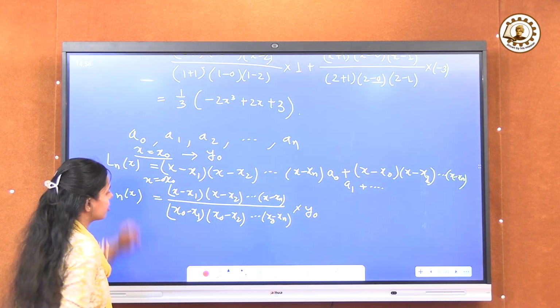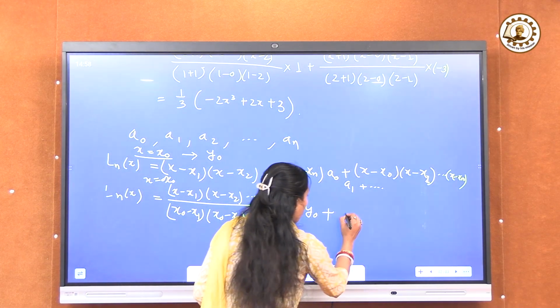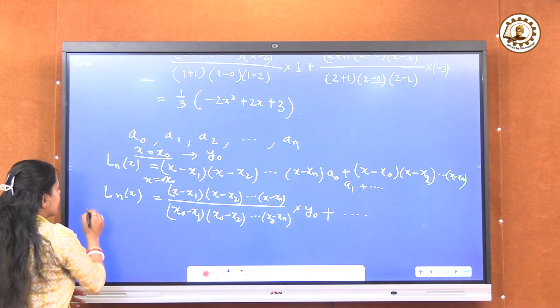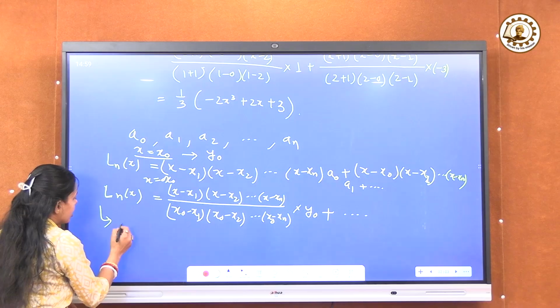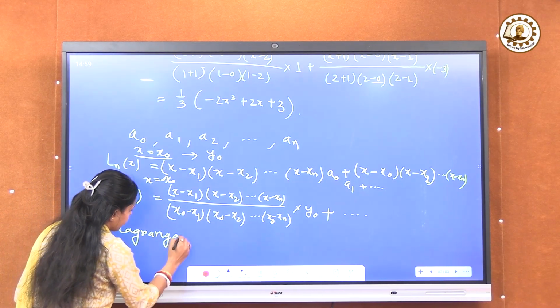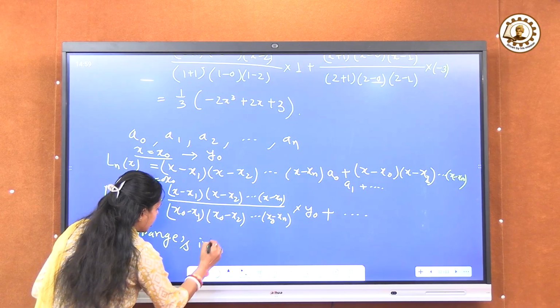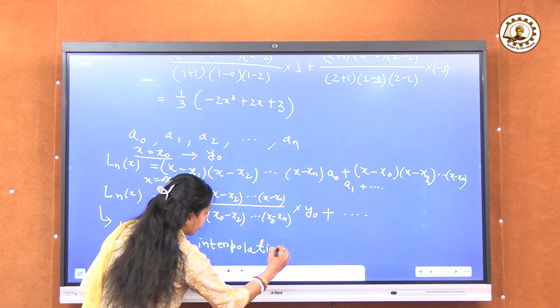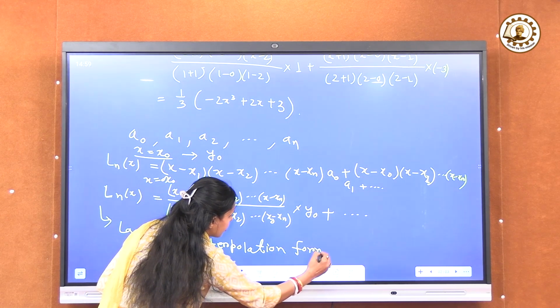At first y0, then plus, and these processes continue. So our formula is called Lagrange's interpolation formula. We have established that.